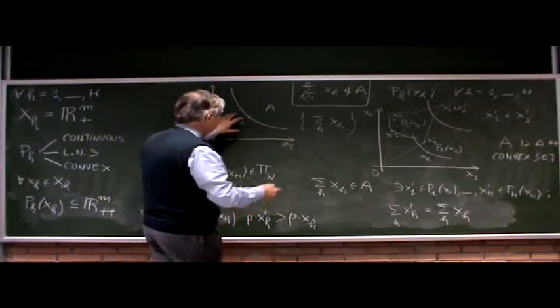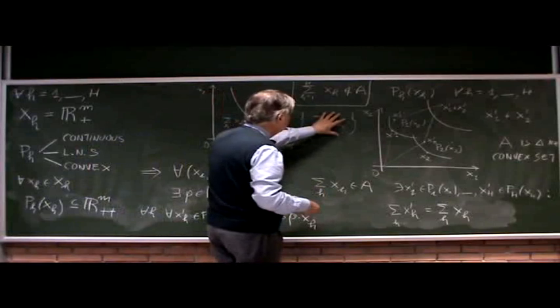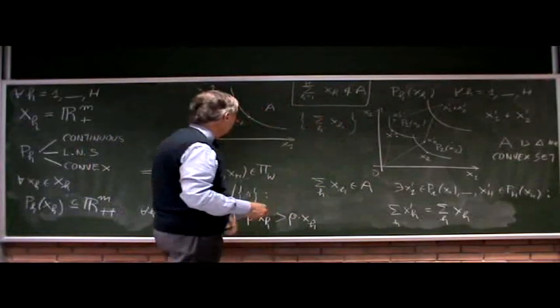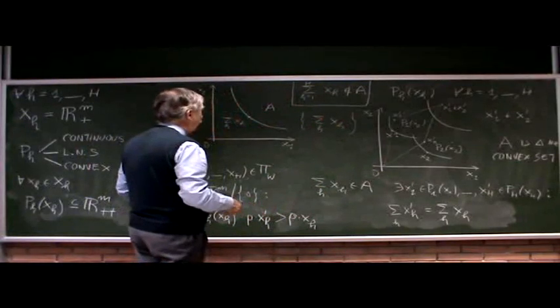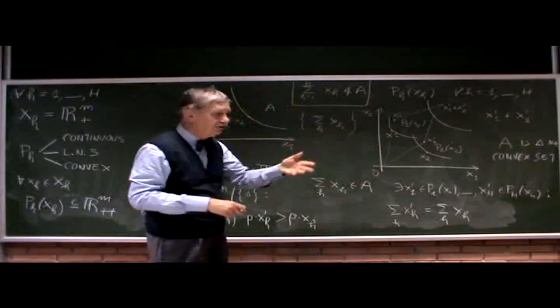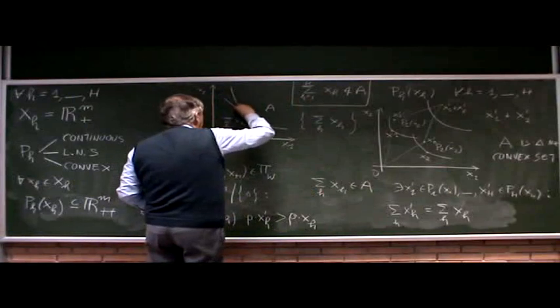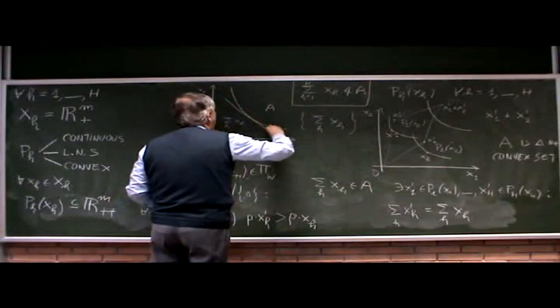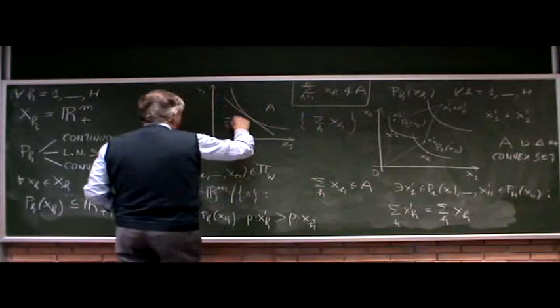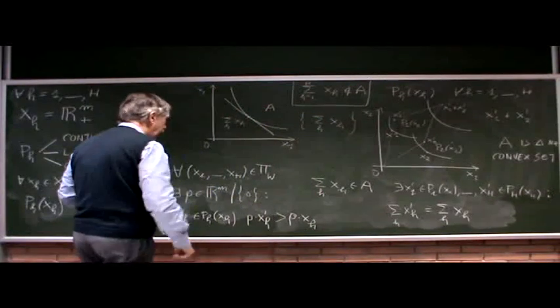But you have two convex sets, A and this singleton set, which are disjoint because there are no elements in common. So it is possible to separate this point from the set A.